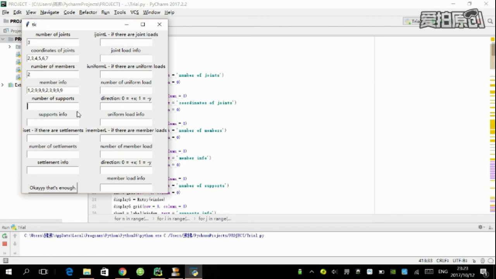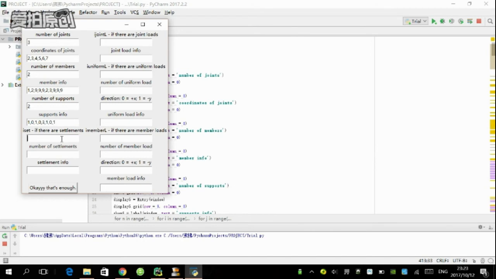And the supports. So there is information for 2 supports. For the first support, it is fixed in the x direction, free in the y direction, and fixed by moment. And the third joint is also the second support. Let's try with 1, 0, and 1.